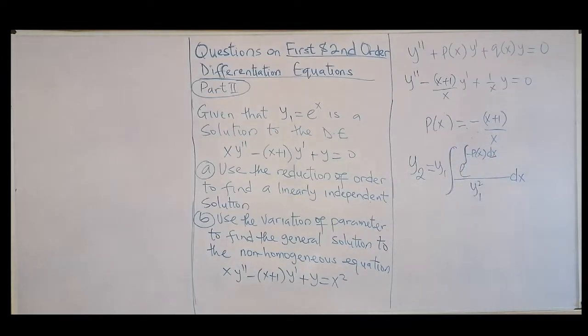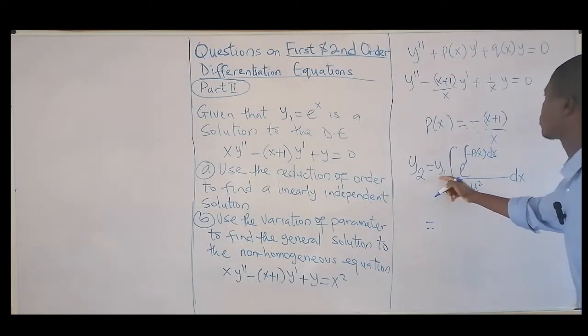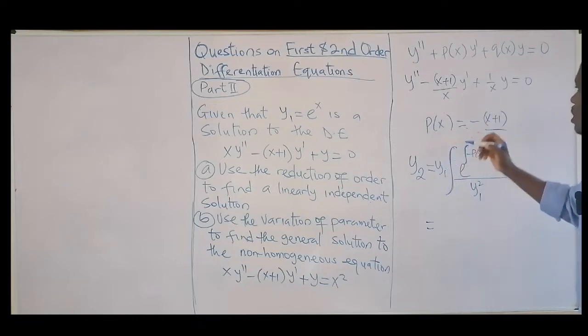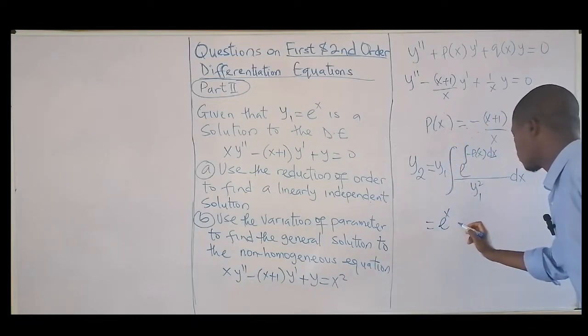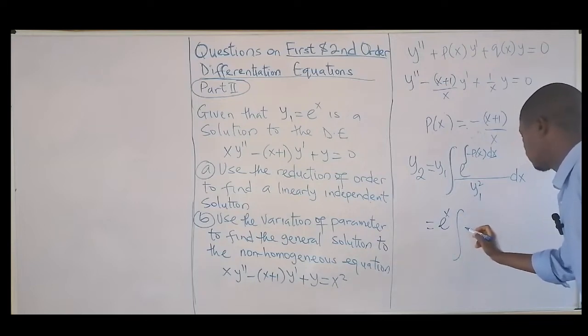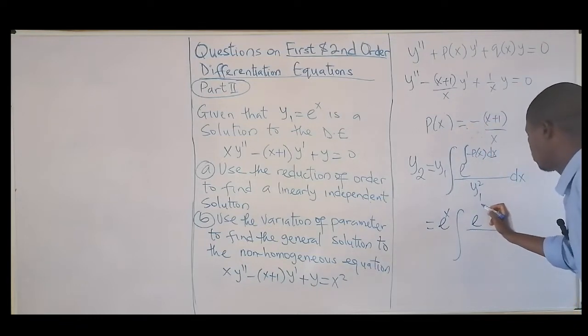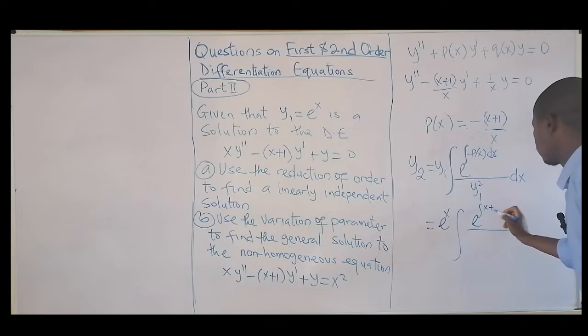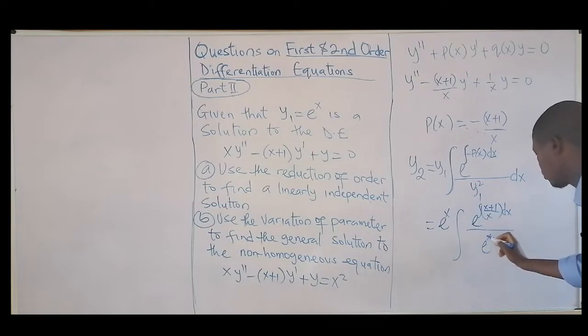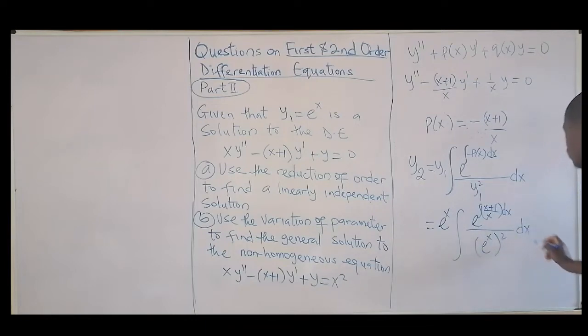So that's the equation. We just need to begin to substitute. My y1 has been given as e to the x. The minus is there, and the minus in p of x cancels out. So we have the exponential of the integral of x plus 1 over x dx, over e to the x squared dx.